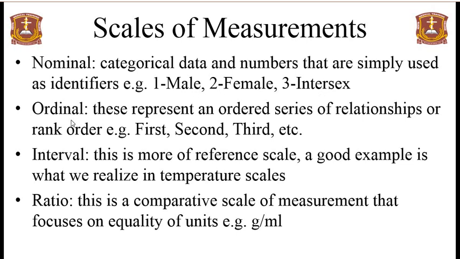Then ordinal scales refers to an ordered series of relationship. That is, when you're talking about first, second, third, in trying to describe your data or information obtained from the process of analysis, this is now a scale which is known as ordinal scale.